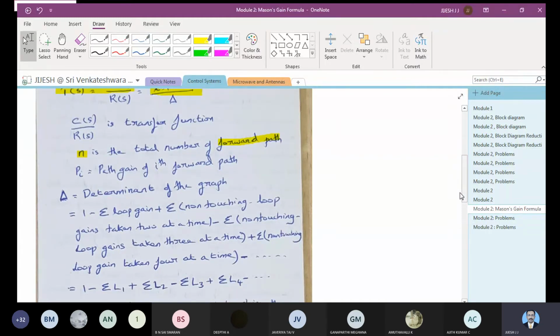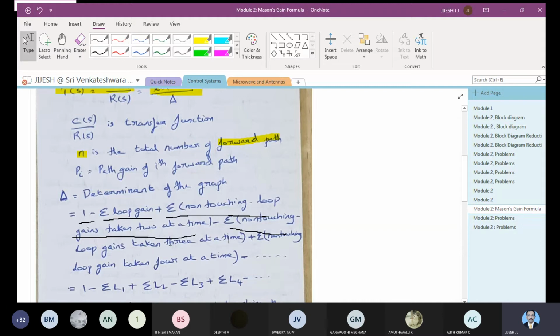Delta is 1 minus the summation of loop gains, plus the summation of non-touching loop gains taken 2 at a time, minus the summation of non-touching loop gains taken 3 at a time. This is what you have to understand.